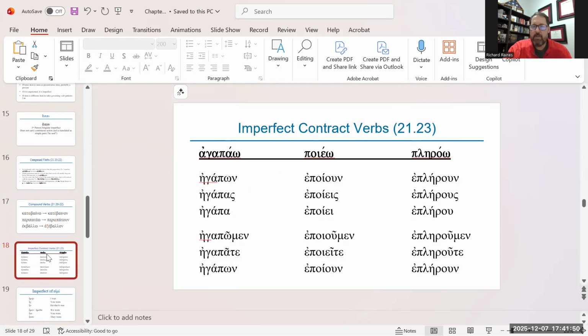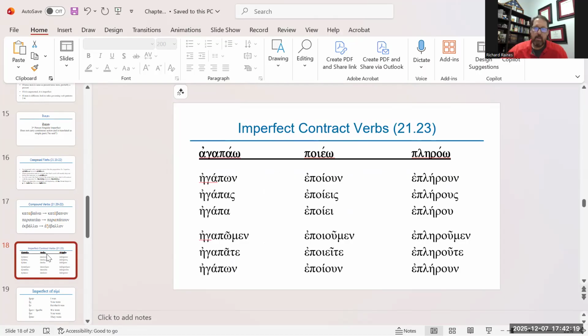You also have the imperfect of eimi. That is on page 233, 21.23. You need to memorize this. That's the only way to get through this. I'm sorry, this is not eimi. This is contract verbs. My bad. Eimi is next. So these are the imperfect contract verbs that you're learning for this unit.